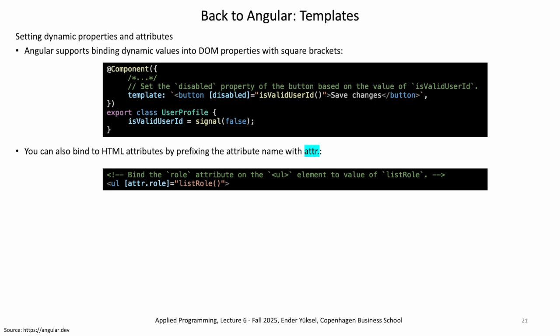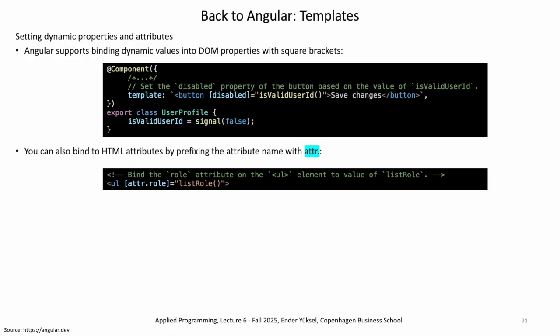Then we have the attribute binding. We have attr.role inside square brackets. This syntax is called attribute binding. It is used when you want to set the value of an arbitrary HTML attribute. attr is the prefix and role is the attribute.